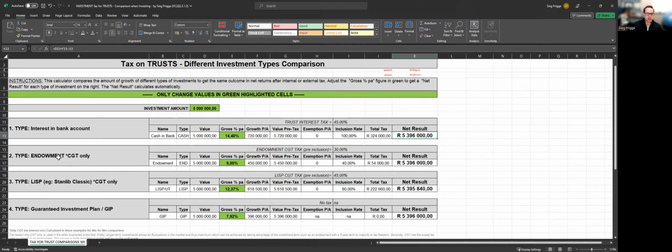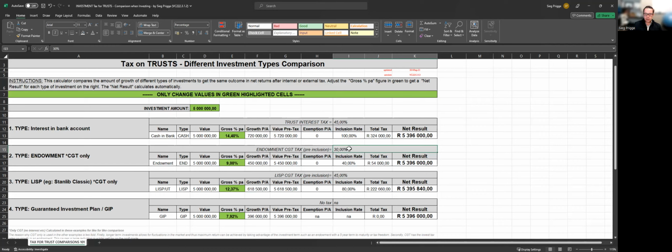Right, let's go to the endowment. This was where we wanted to peg the return. A 9% return gives you 450,000 Rand growth. A 40% inclusion rate is effective. Now, this is not something I choose. This is a legal thing. A 40% inclusion rate gets used for endowments on trusts, and then a 30% tax rate applies. Why is it less than the 45% in the bank account? Because that's the purpose of endowments.